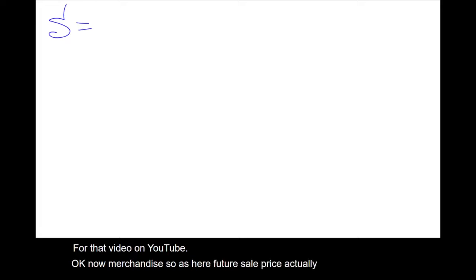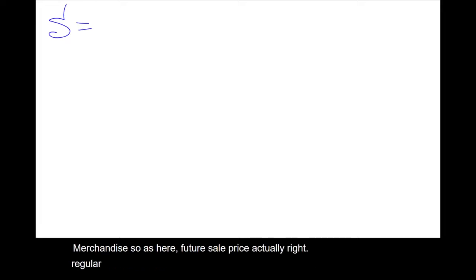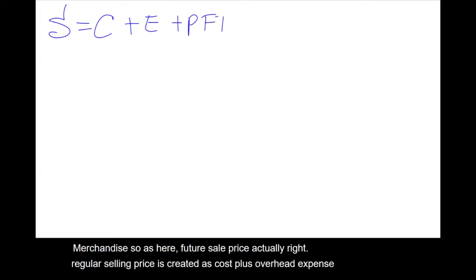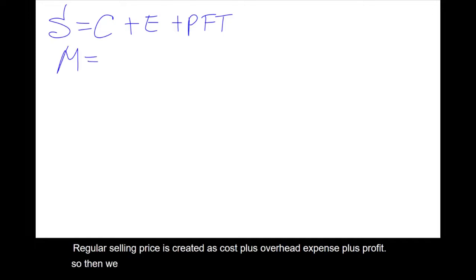Okay, now merchandise. So as here, future sale price actually, right? Regular selling price is created as cost plus overhead expense plus profit. Right? So then we introduce value as markup.